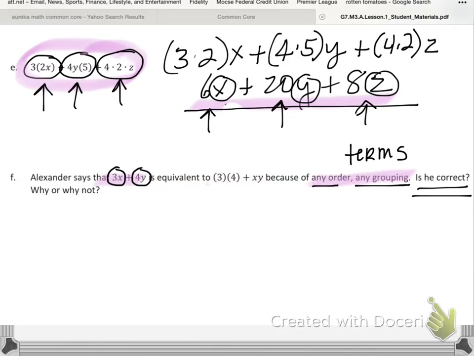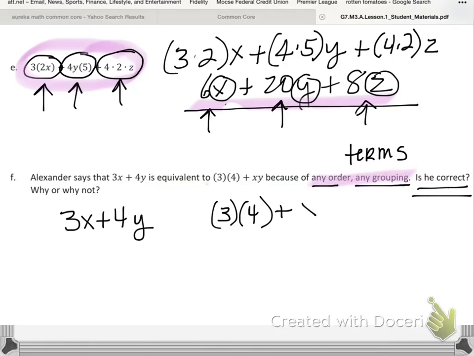And again, we could look at it and prove it. If we have 3x plus 4y here, and then 3 times 4 plus x times y, because that's what that means, x times y. You can see he's really messed with these terms big time. Let's say x equals 2, y equals 3.